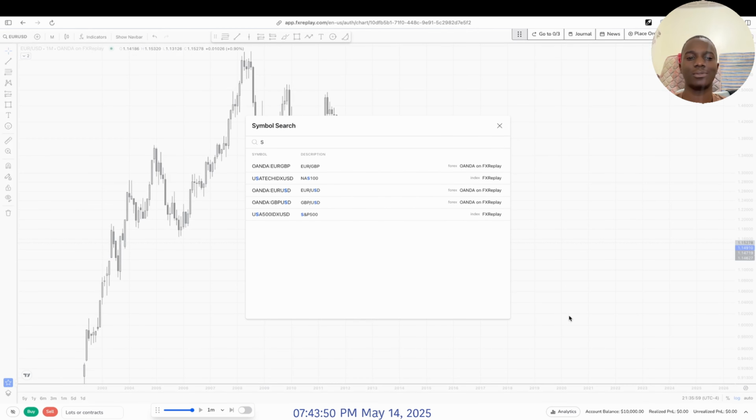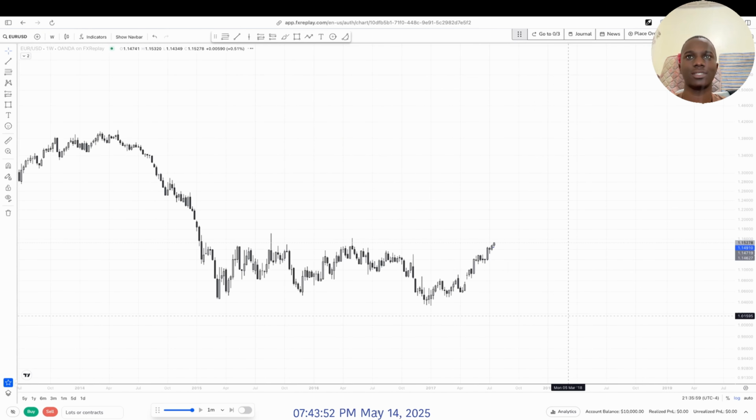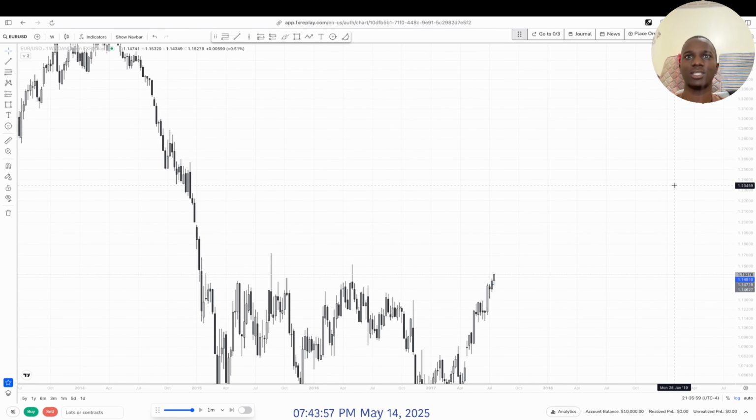So when we go to the 1 week, sorry, you can see that these are the levels above here. So if it's to push higher, it can come to these levels or this one. So you can mark.